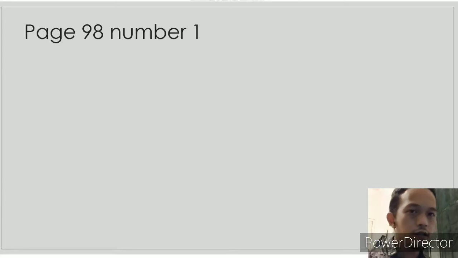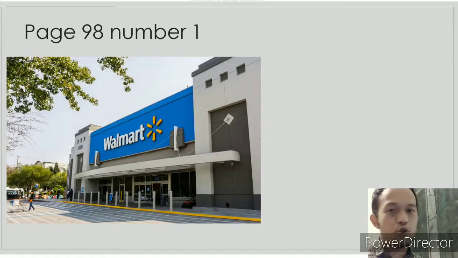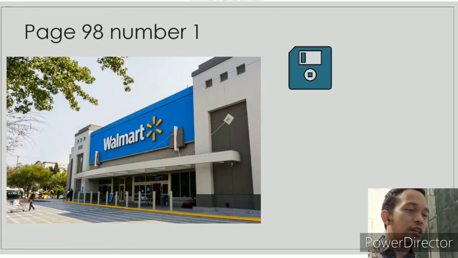Page 98, number one. If you read the story in the textbook carefully, you can really know that there is a store. The store is selling floppy diskettes. I know it's a little bit outdated, but let's just respect the story. When they're selling the floppy disks, the objective is they want to gain money, right?